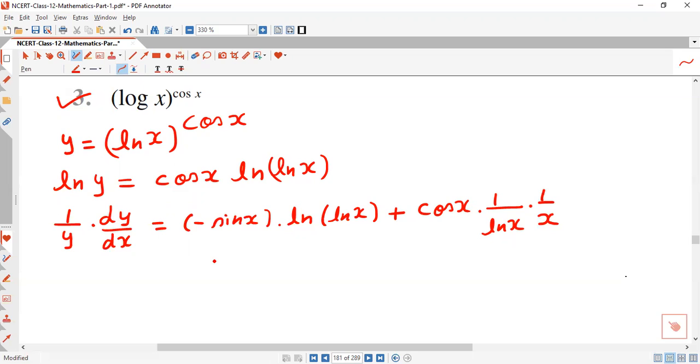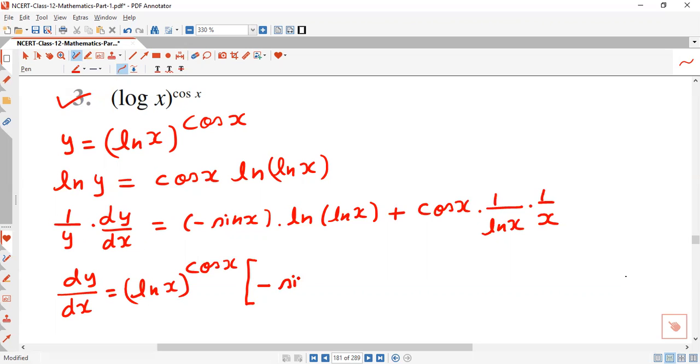All right. Now let me simplify this function. There is not too much to do in the simplification in this question. We only have to put in the value of y and rearrange the terms. Y should go to the right hand side. So the value of y is (log x) raised to cos x, multiplied by what?